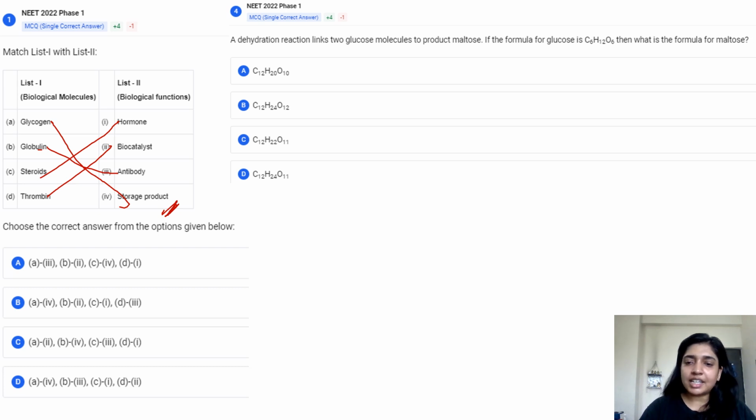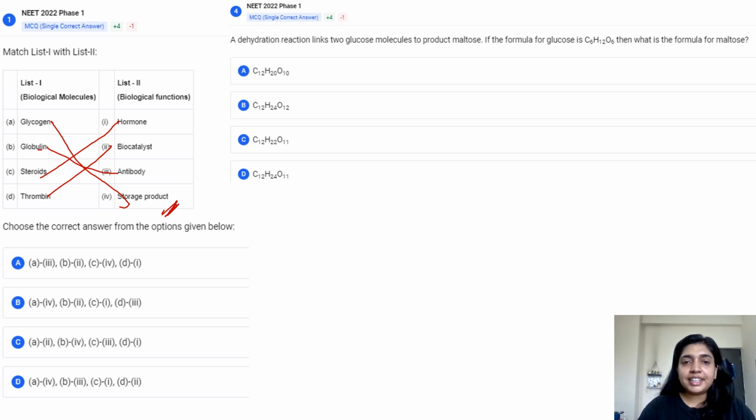Then steroids are hormones. I think you must be knowing from animal physiology. Even if you don't, you must be knowing thrombin, right? It plays a role in your clot formation, blood clotting, right? So it's an enzyme which enhances the clotting mechanism.